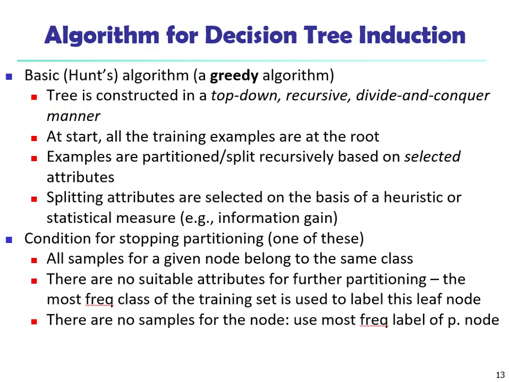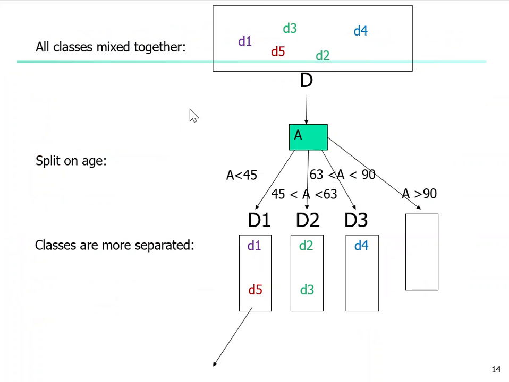Okay, so let's look at an example. This is my conceptual illustration. At the beginning, we have one training set, and the color indicates which class each belongs to. This is a blue class, this is a green class, we have a red class and a purple class. We have 5 pieces of data in this data set. There are multiple attributes.